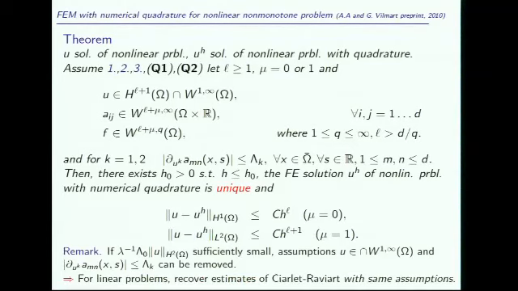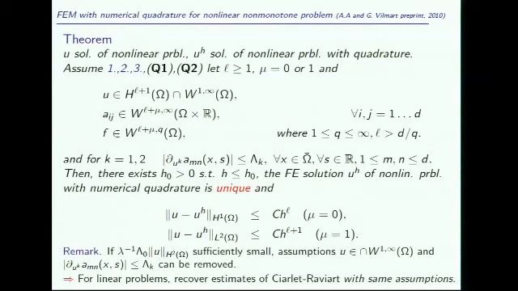There is a side result. If the coercivity constant times lambda 0, the Lipschitz constant that we had, times the H2 norm of u is sufficiently small, so a smallness assumption, then the W^(1,infinity) assumption and this assumption here can be removed.